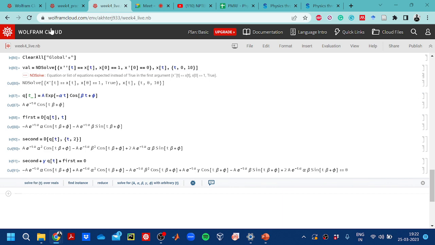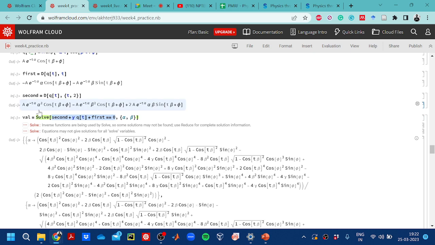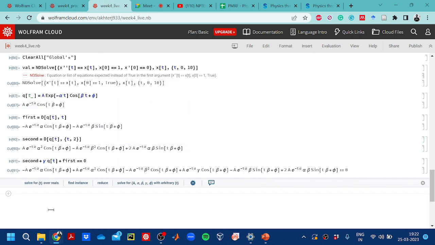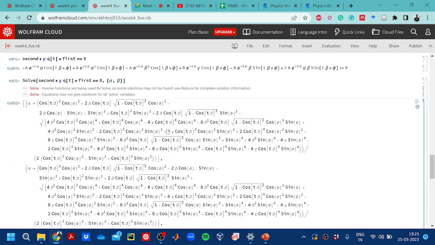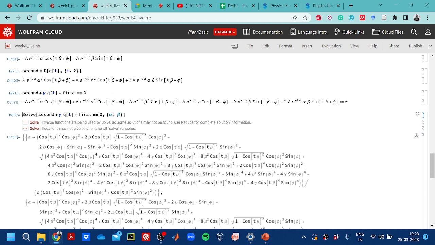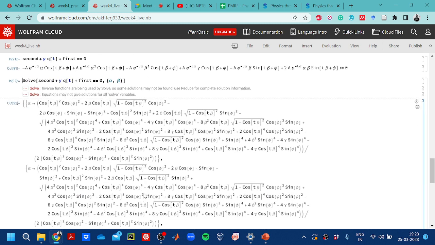For solving, we have to write down the solve command, and we want to solve for what? We want to solve for this alpha and beta. So if we execute this, this is the solution of alpha and beta. This looks really complicated.